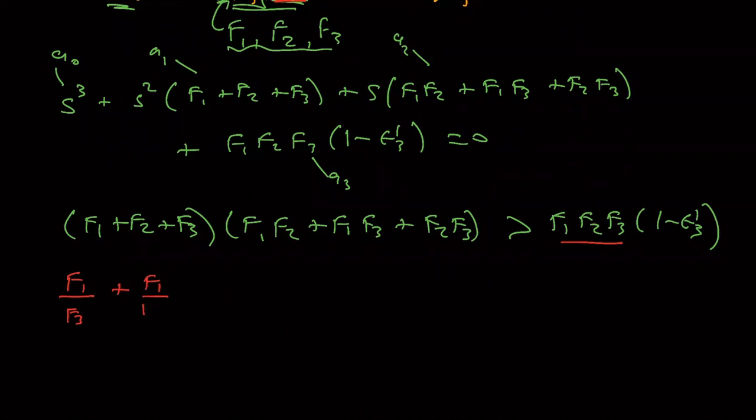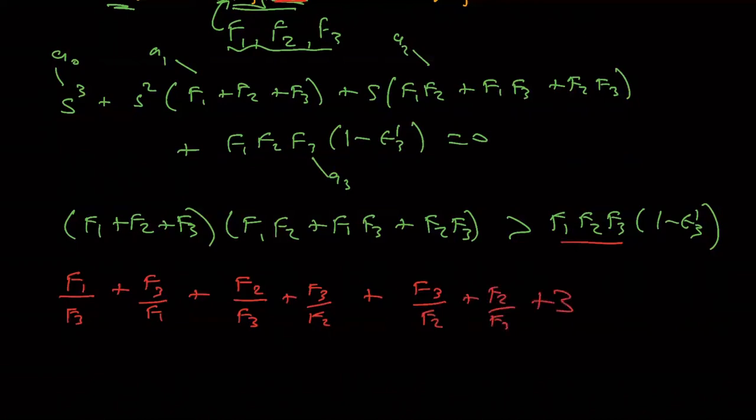This actually simplifies quite a bit. The other one is F3 over F2 plus F2 over F3, plus 3, 2 ones appear. That's greater than 1 minus epsilon_13.